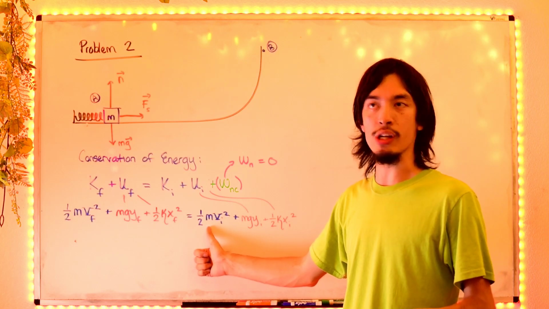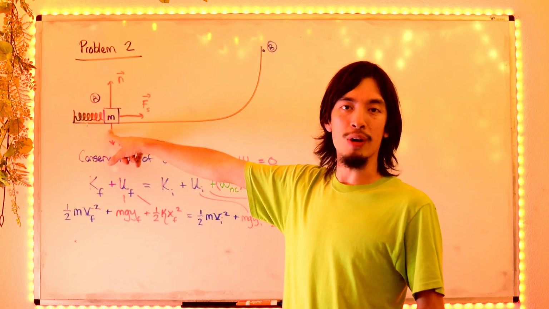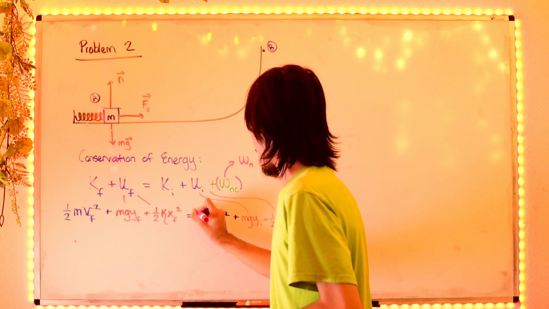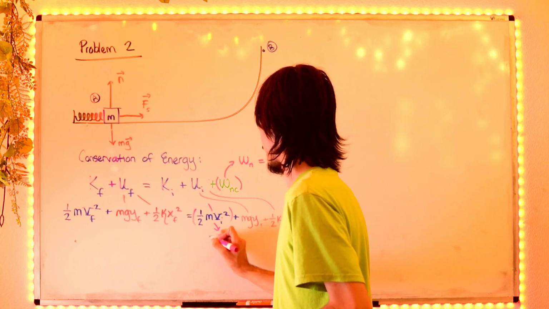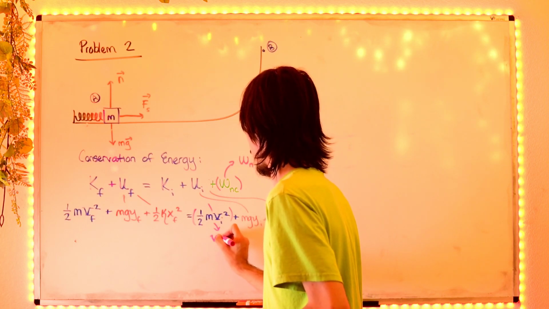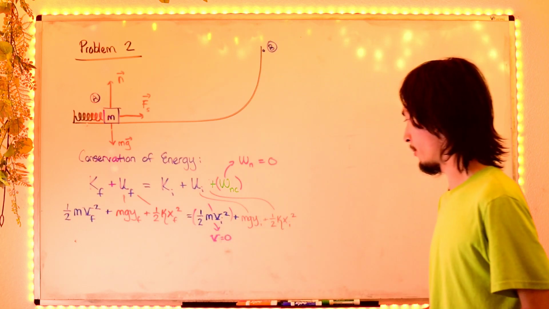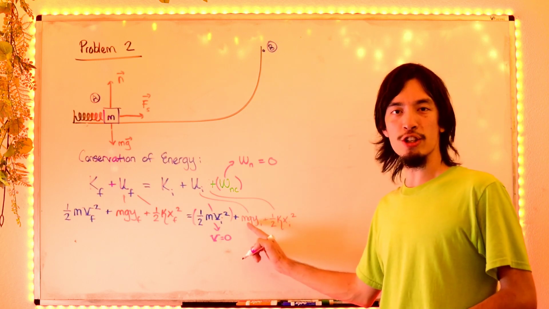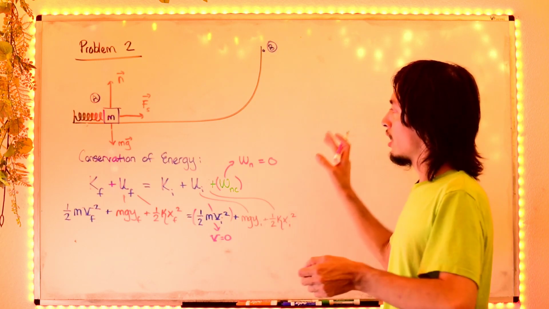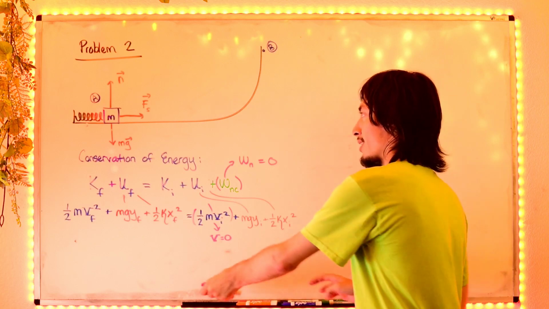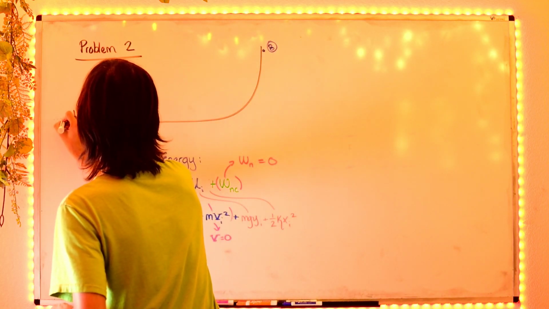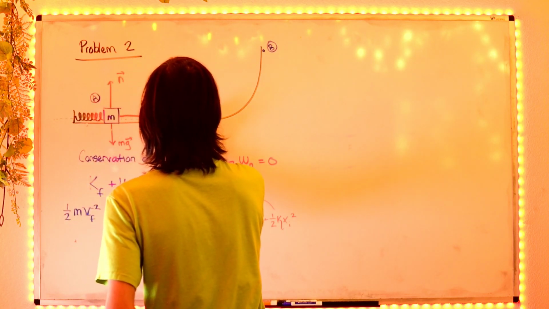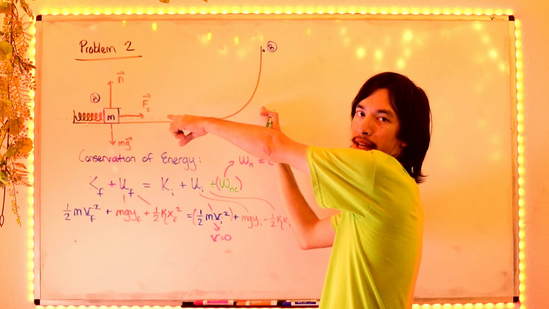So kinetic energy. In this case, it starts from rest. So I can cross out my kinetic energy initial because it's at rest, V equals 0. Gravitational potential energy, well, the rule of thumb is that we set the gravitational potential energy to be 0 at the lowest point used in the problem, which is the level that it sits at initially.